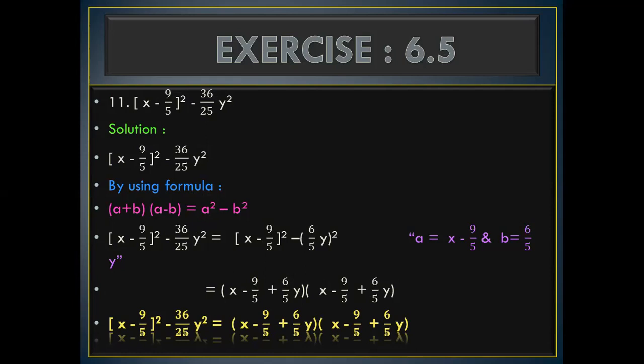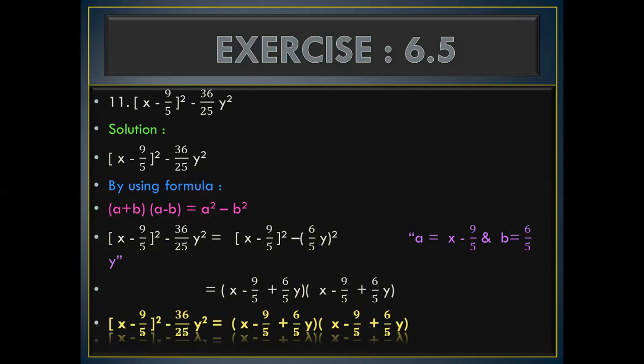x minus 9 by 5, now terms are given in the form of fraction. (x minus 9 over 5) whole square, no need to take the square of any number because it is already the square of x minus 9 by 5 which is given to us. No need to open it with the formula. This is over a. x minus 9 over 5, we consider this as a.